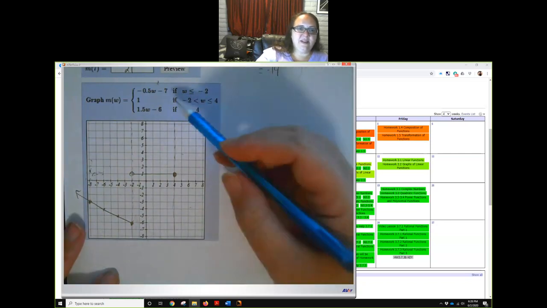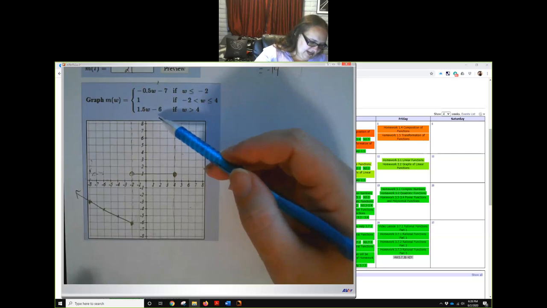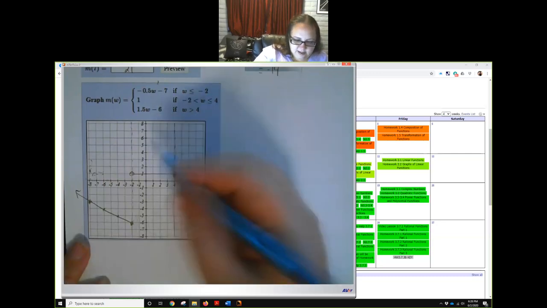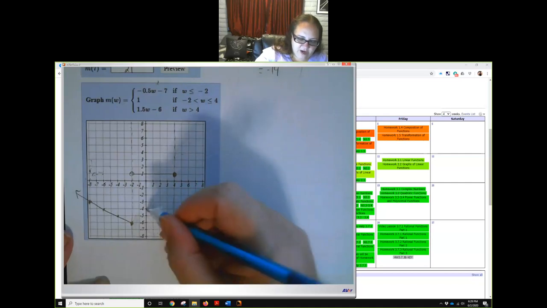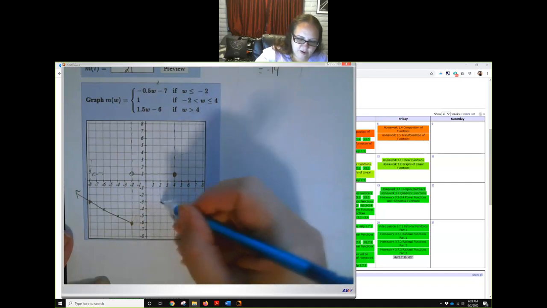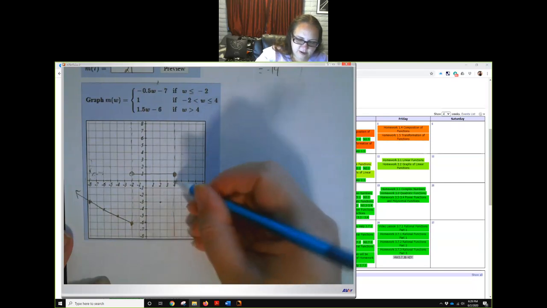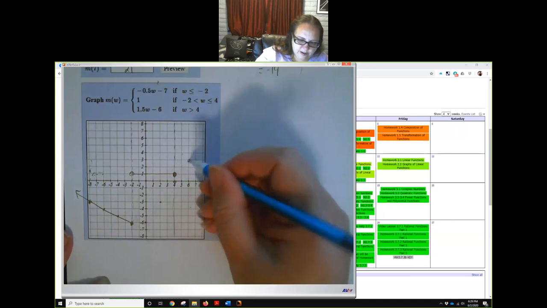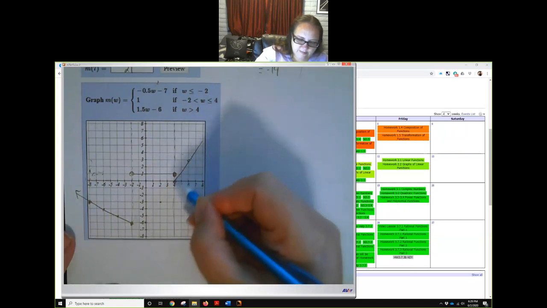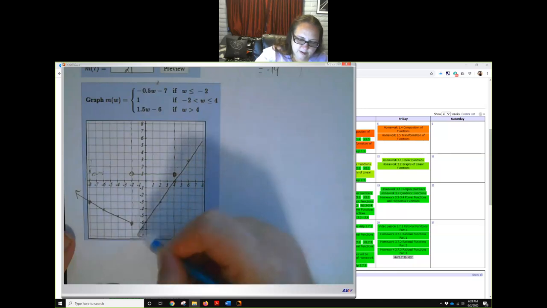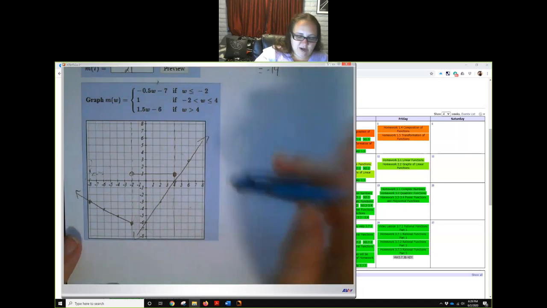Okay, and then last but not least, y equals 1.5x minus 6. A slope of 1.5 goes up 3 over 2, up 3 over 2, but I only want that line when x is greater than or equal to 4.